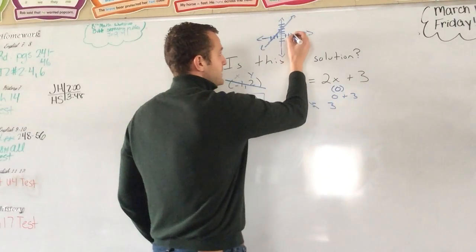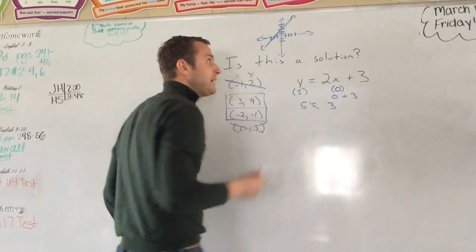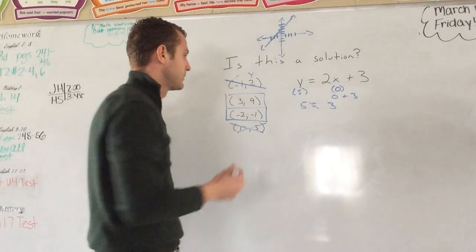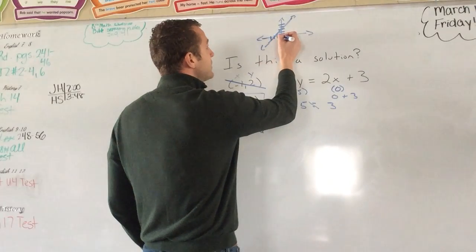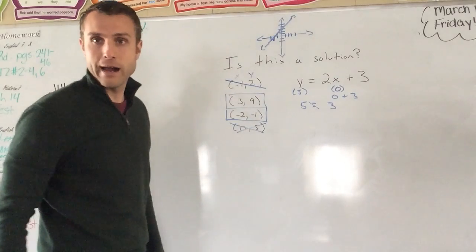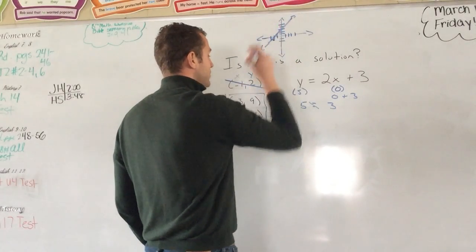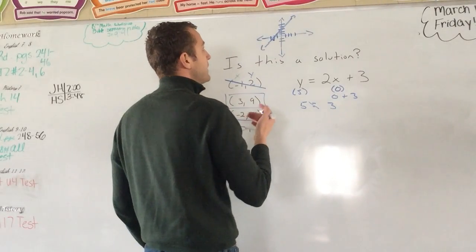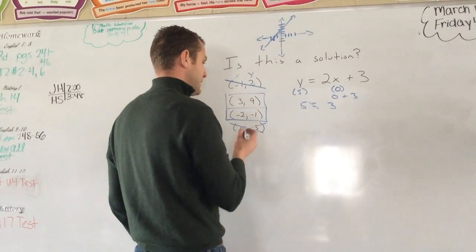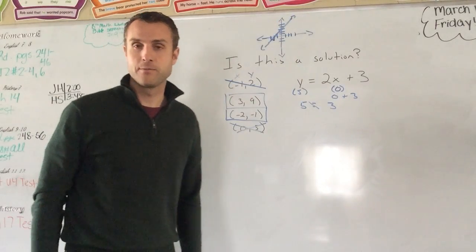If I were to graph this line, (3, 9) would be on that graph. (-2, -1) would be on that graph. (-1, 2) would not be on the graph. (0, 5) would not be on that graph.